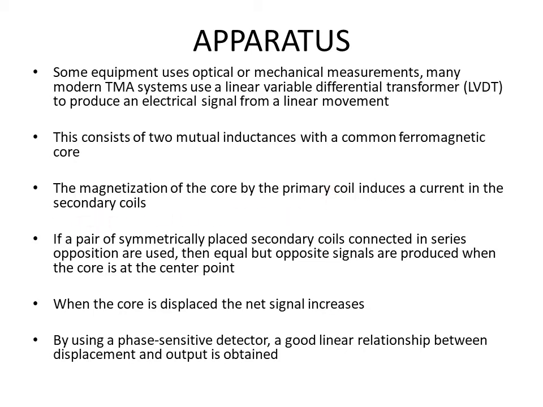If a pair of symmetrically placed secondary coils are connected in series opposition, then equal but opposite signals are produced when the core is at the center point. This type of setting produces the proper signal.